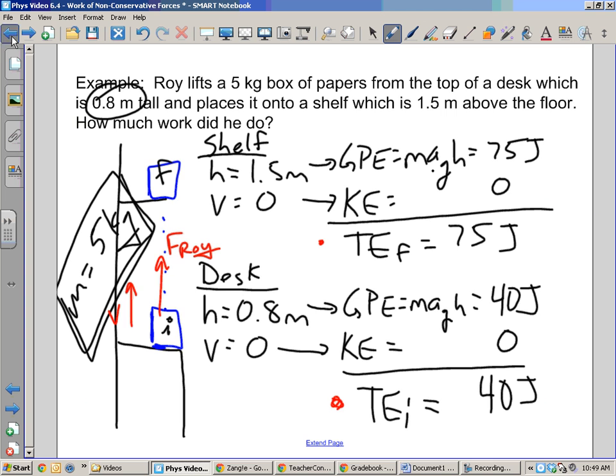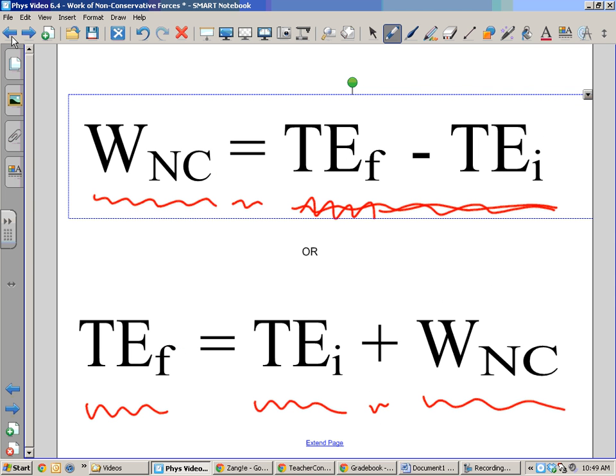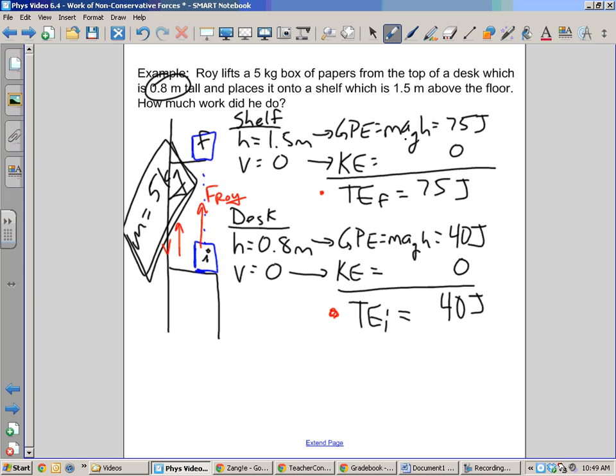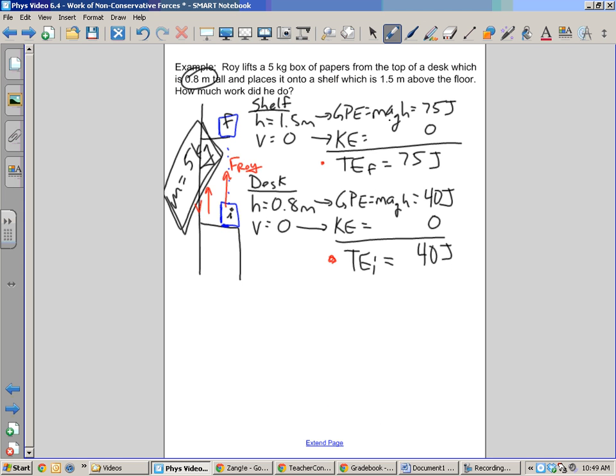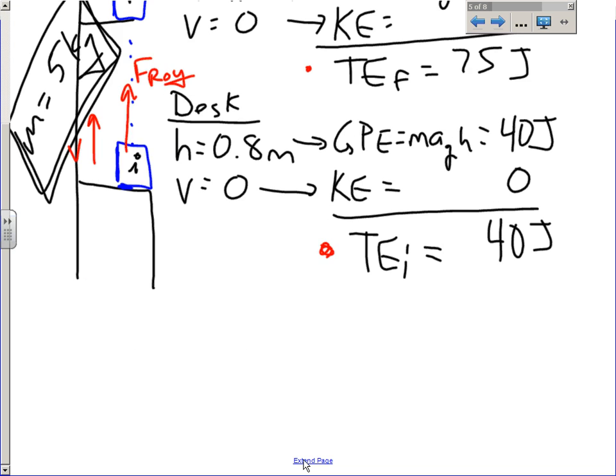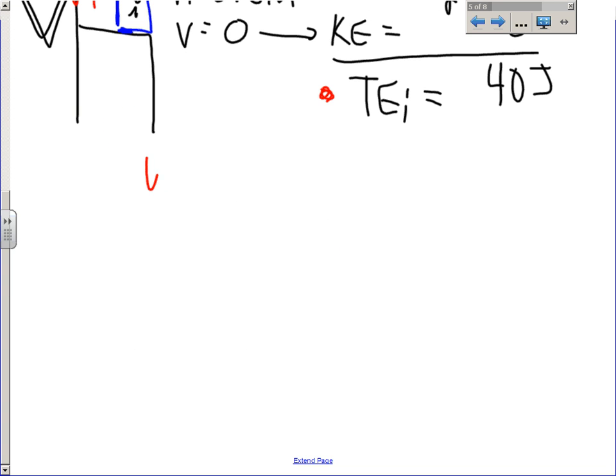So now we can go back and find our work. To find the work done, we find the change in total energy. So to find our work, the work done by non-conservative forces, the work done by Roy, is the change in total energy.